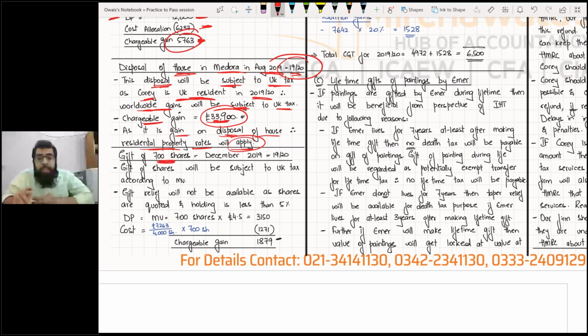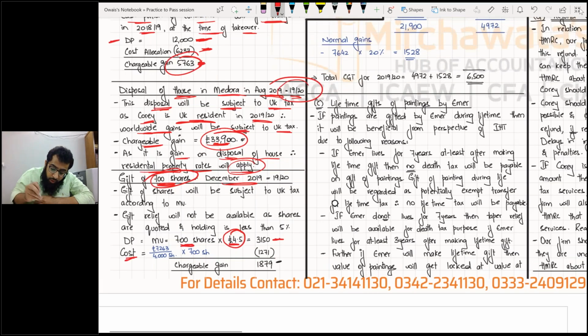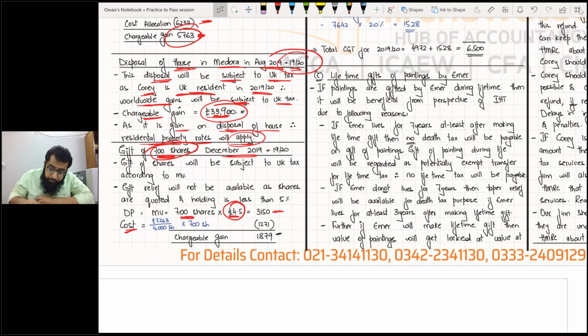Now, as far as the gift of 700 shares is concerned, that will be a chargeable transfer. Gift relief is not available on that. 700 shares, each share has a value of 4.5 pounds. So this gives me 3150 pounds market value, which is the disposal proceeds. Now, how will I calculate the cost?